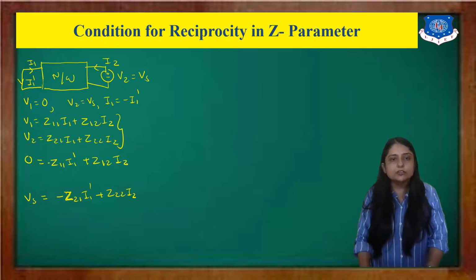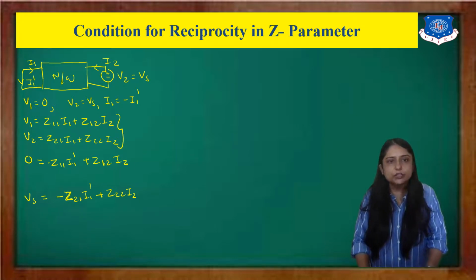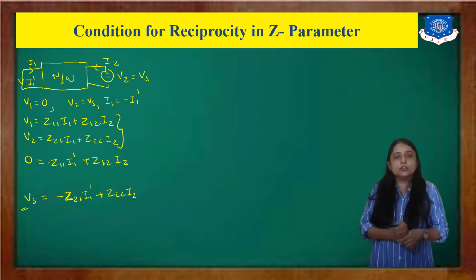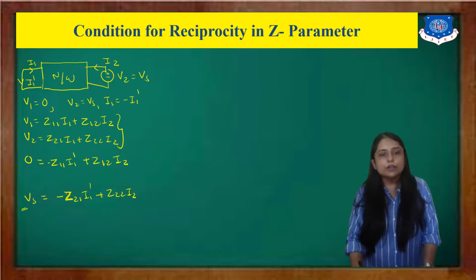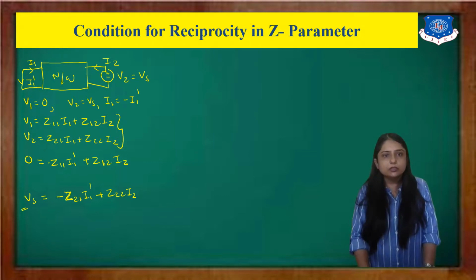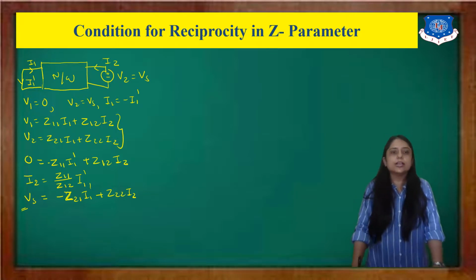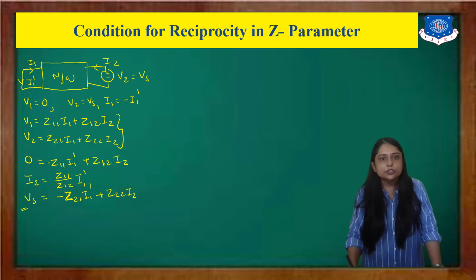So here in this equation we can find out the value of I2 and then we will substitute it in the other equation. You can do the reverse also. Alright. So the value of I2 will become Z11 upon Z12 into I1 dash.